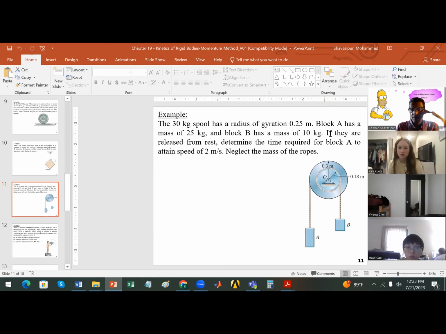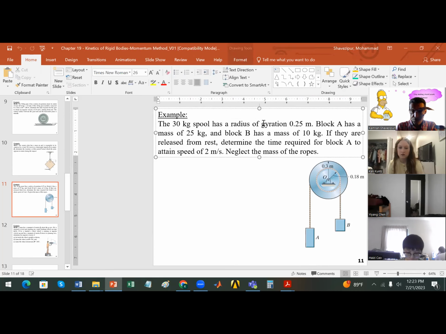The mass of each of them is given, block A 25 kilogram, block B 10 kilogram, right? And again, for the spool, the radius of gyration is given. Again, this is not a regular disc or ring or any standard shape. Because of the complex geometry, it gives you the radius of gyration.